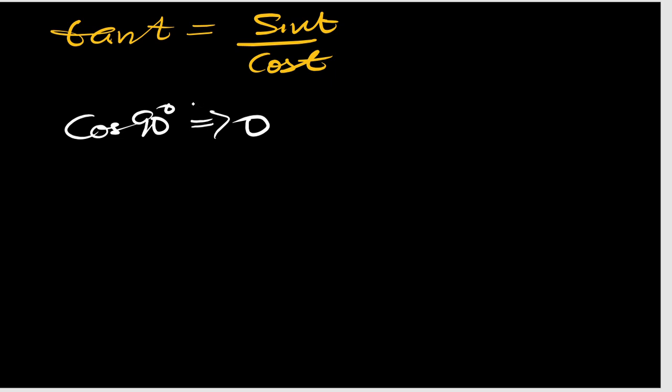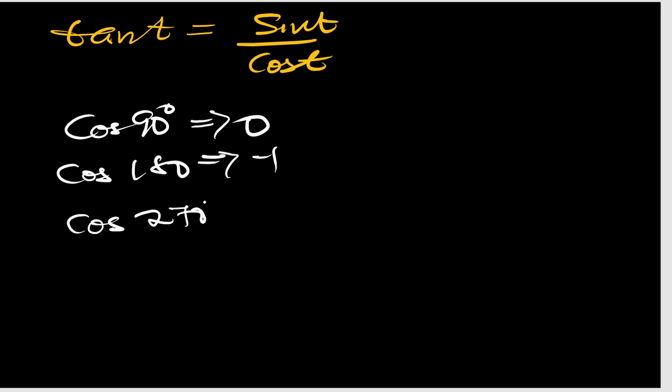Now the cos function takes the values 0, -1, and +1 for the multiples of 90 degrees. So for instance, the next multiple of 90 degrees is 180 degrees. Cos 180 will be -1. Then the next multiple of 90 degrees is 270.